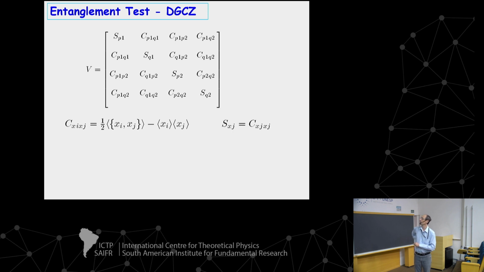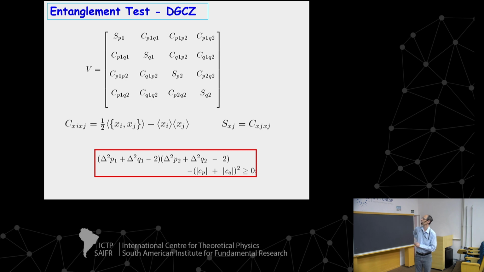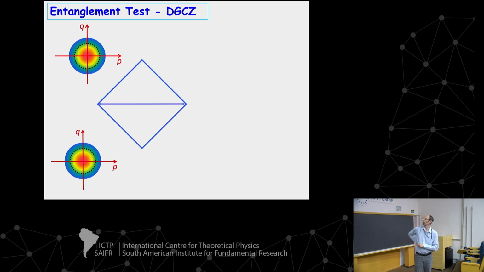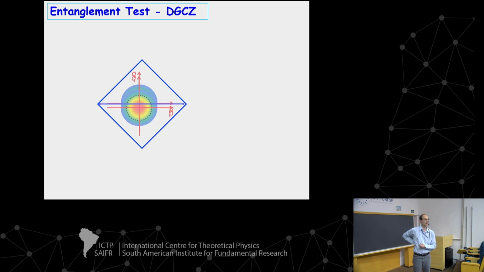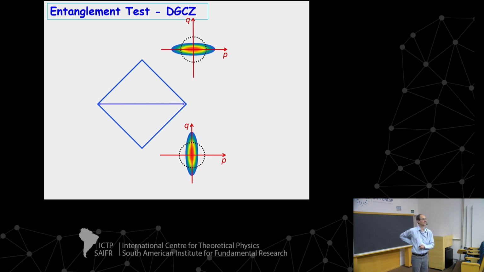So, what does it mean to make the Duan, Giedke, Cirac, and Zoller tests? It means that you can take two states that are thermal, combine them on a beam splitter, and check in the output if you get squeezing. Okay?